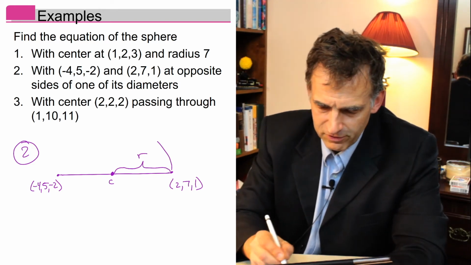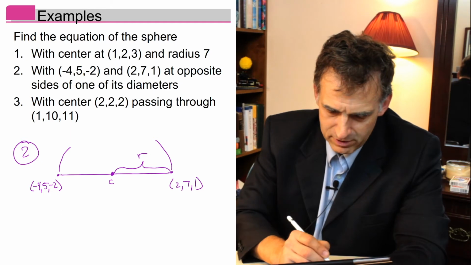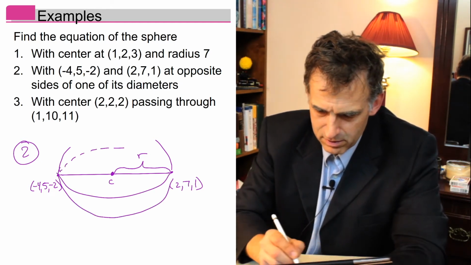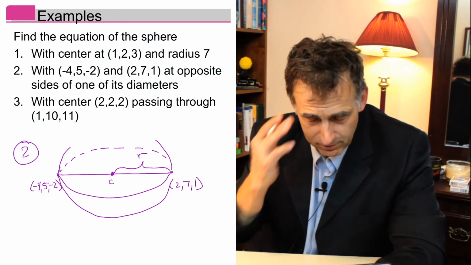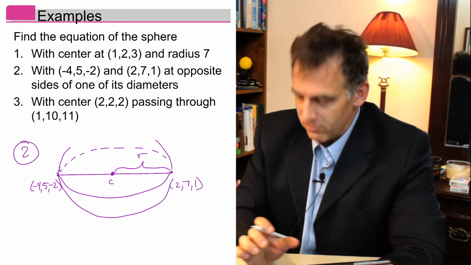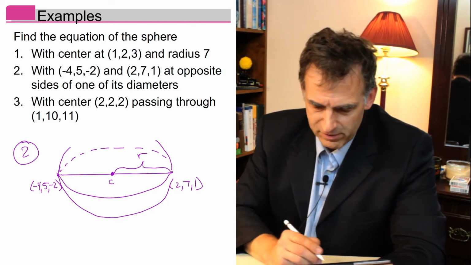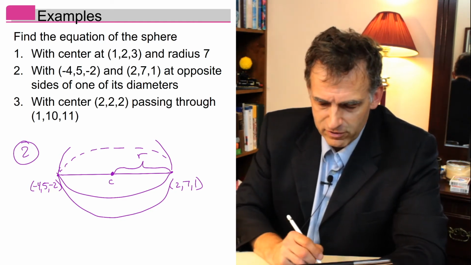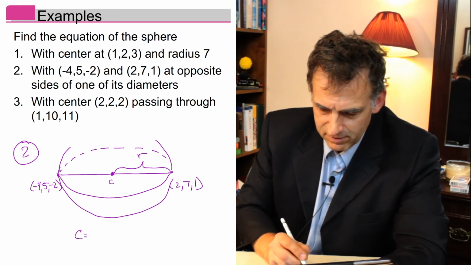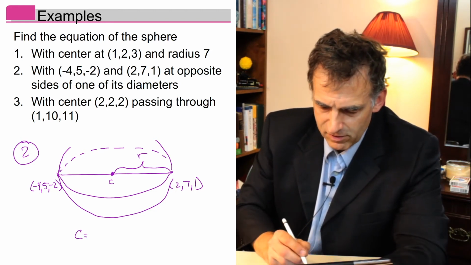This whole thing is going to bulge up here. It's going to be this beautiful sphere. Anyway, let's get the center. The center is midway between these 2 points, so all we have to do is average the 2 points together. The center is going to be the midpoint of those 2 points.